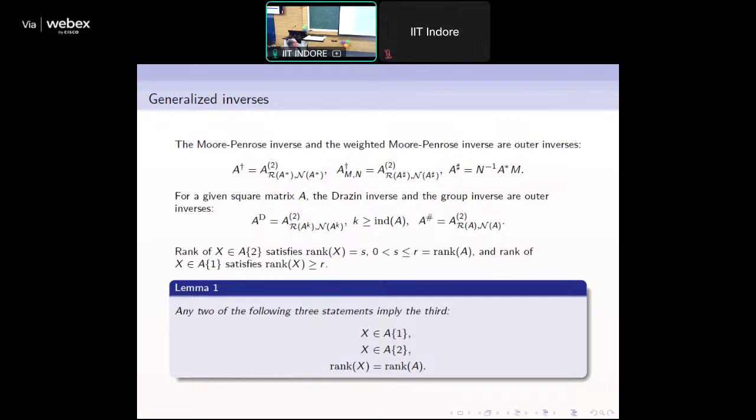The Drazin inverse is related to rank-invariant powers and can be expressed using the Jordan decomposition, which is a kind of core-nilpotent decomposition.